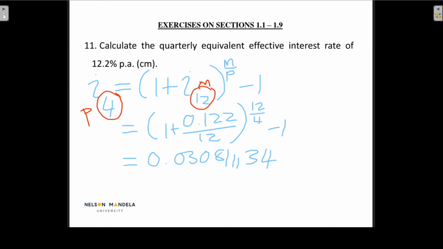Okay, and this is then per quarter effective. Or if you take this 0.0308 and you multiply it by 4, that will be your interest rate per annum compounded quarterly.